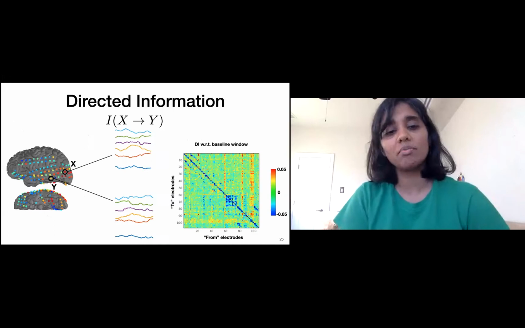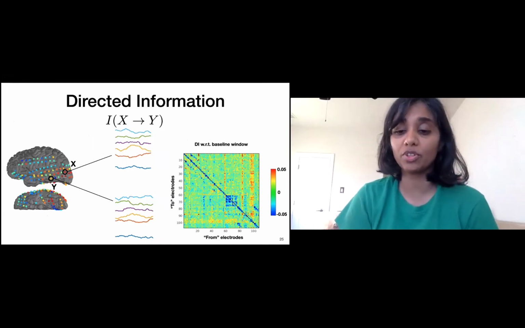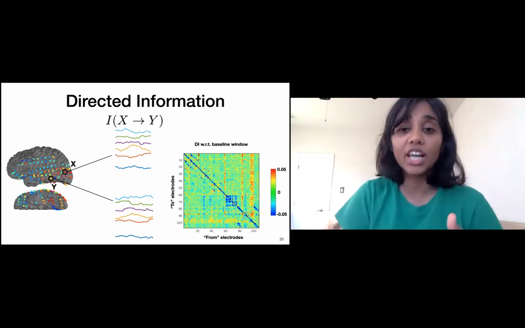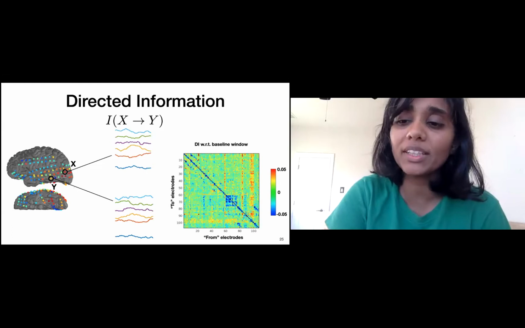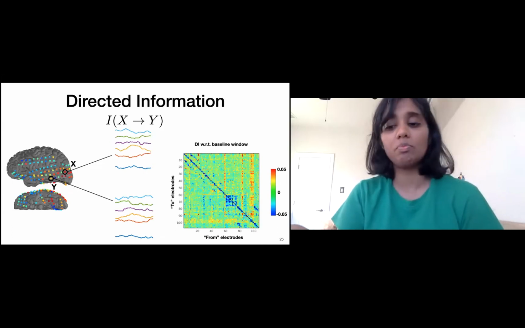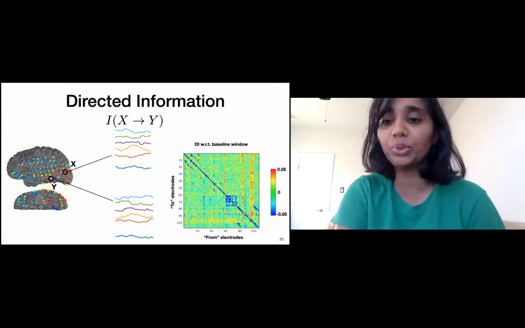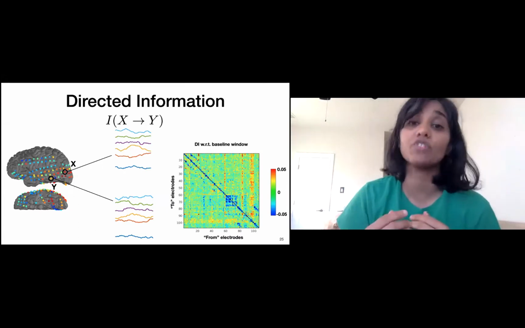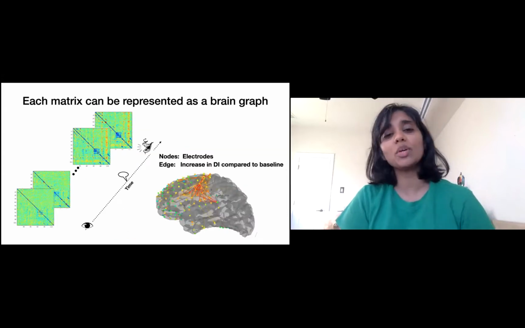So between X and Y, you can get 1 point in this matrix. If I have 100 electrodes, I have a 100 by 100 matrix. And a red point in this matrix means that between electrode 81 and 10, there was a lot of information flow in that small time window. So what we did is we took this task.